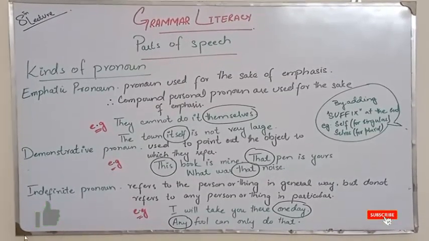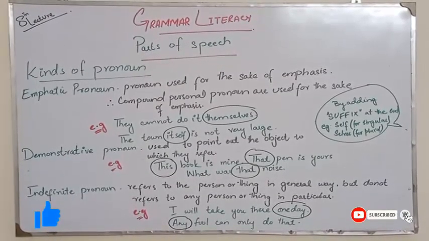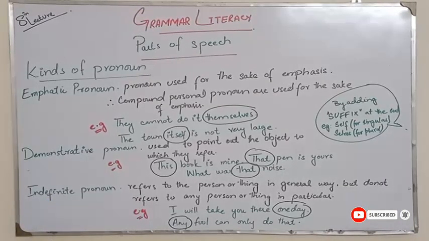Alright viewers, the next kind is the emphatic pronoun. The word emphatic says emphasis. You are going to give some stress or importance to something. So what is an emphatic pronoun? A pronoun used for the sake of emphasis.